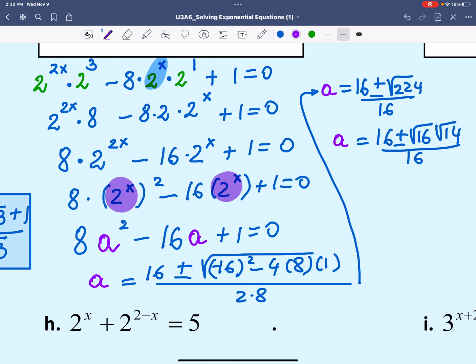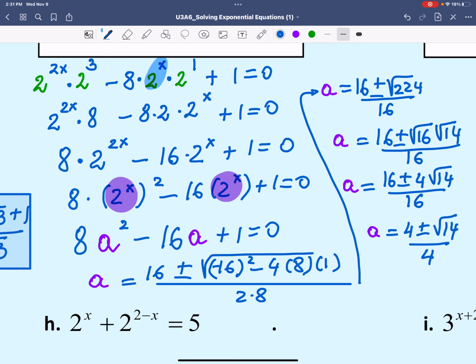So we are going to keep on simplifying. The use of radicals, so simplifying radicals, is very important here. So that's 16 plus minus 4 root 14 over 16. As you can see, we can reduce the terms here by 4. And 16 over 4 is 4, plus minus root 14 over 4.